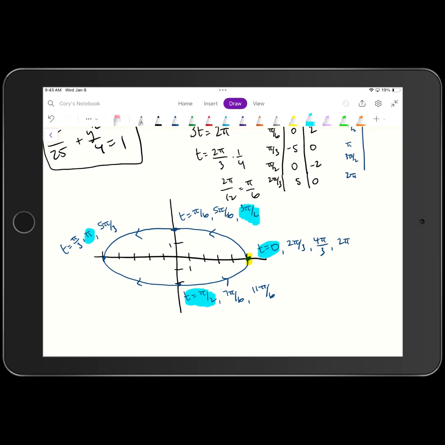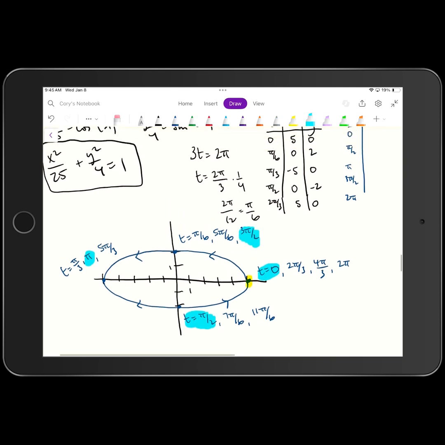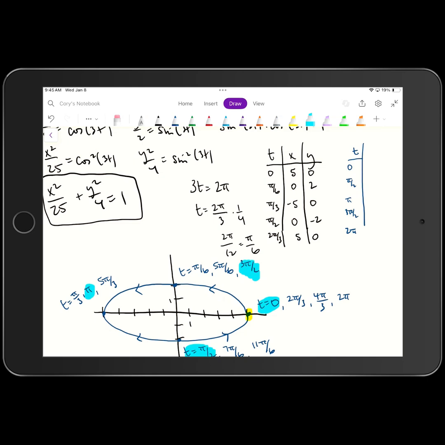So if you didn't adjust the t values that you were testing based on what the period of the function is, just looking at where those values that I highlighted in blue were on the graph, it would look like, and sorry, I realized I screwed this arrow up. This arrow should be going in this direction here.